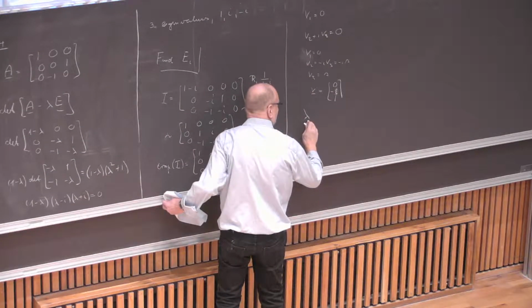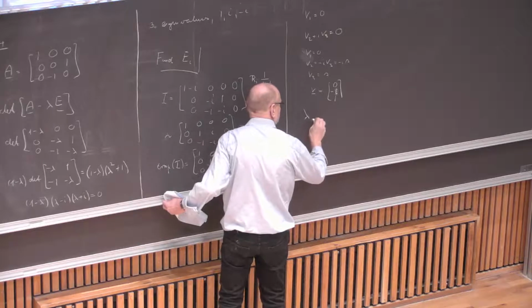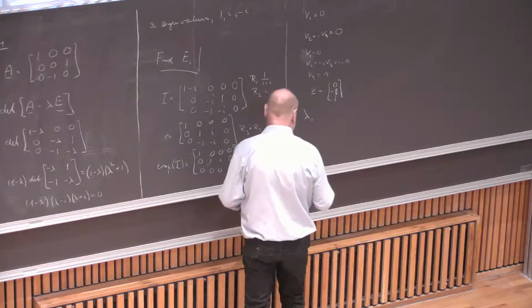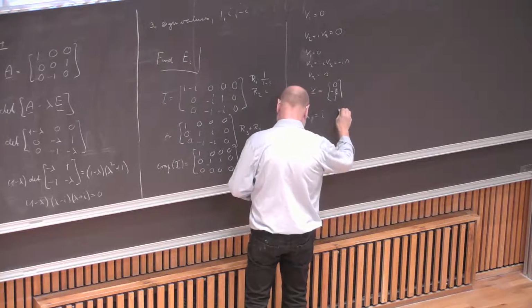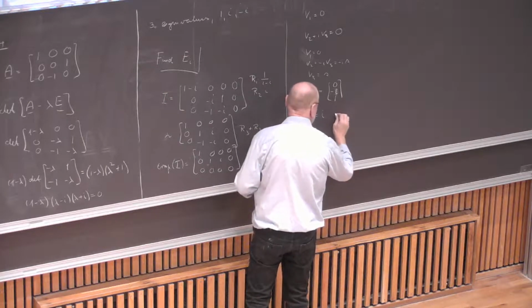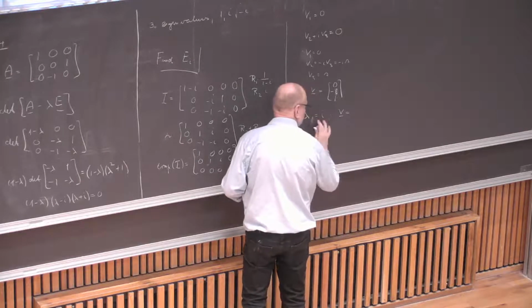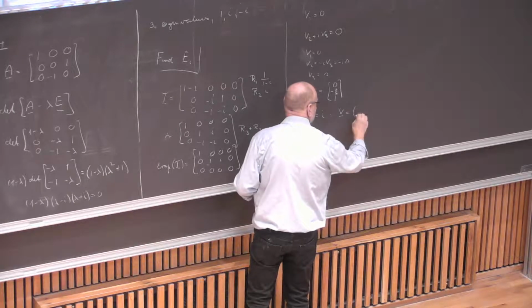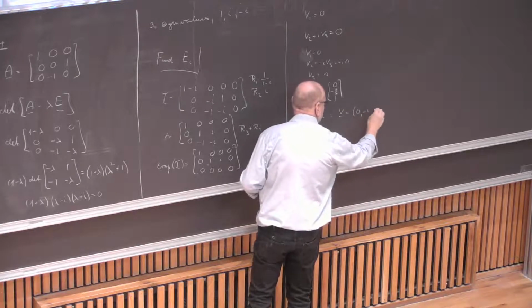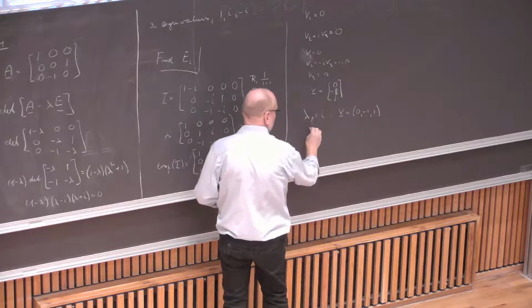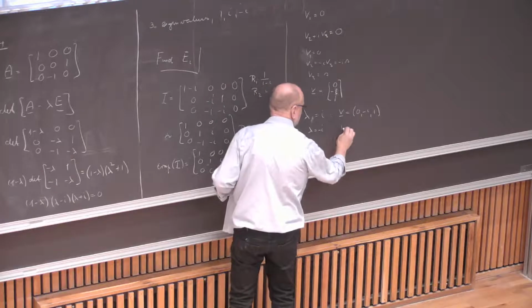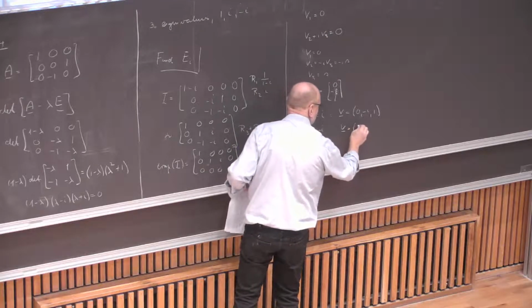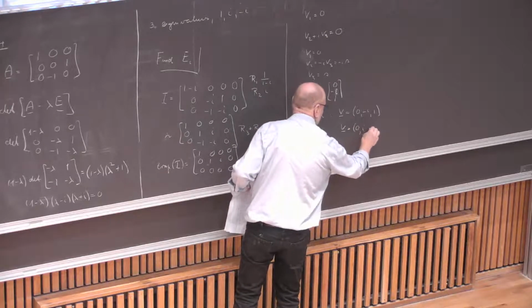So for this eigenvalue, I get the eigenvector 0, minus i, 1, and for this other eigenvalue, I get 0, i, 1.